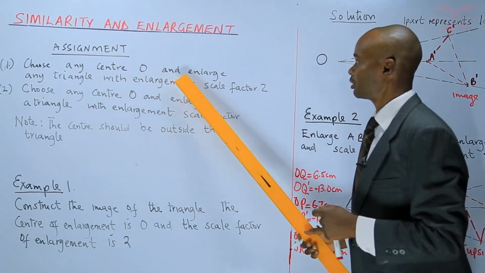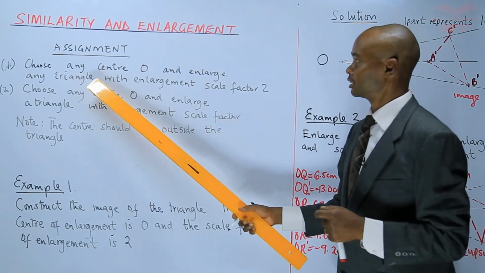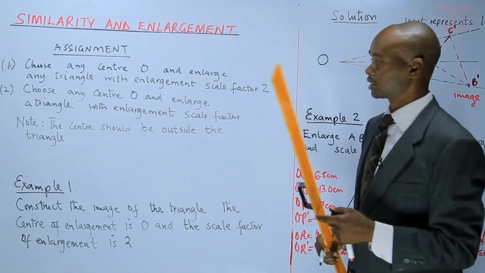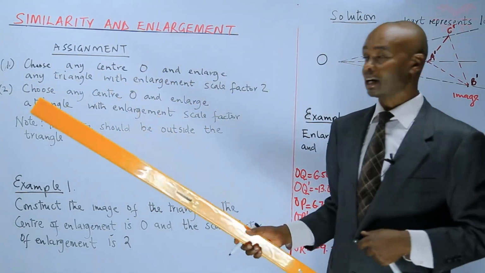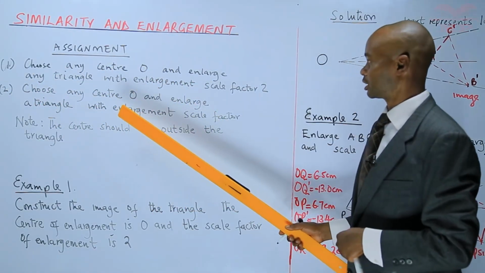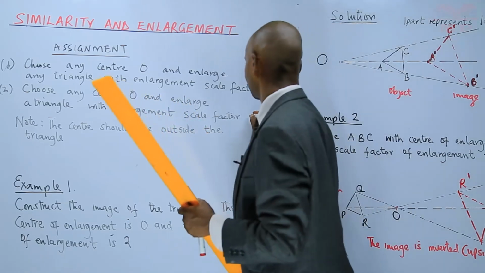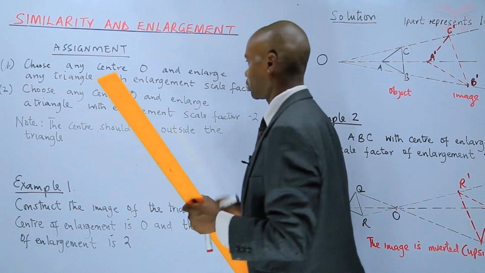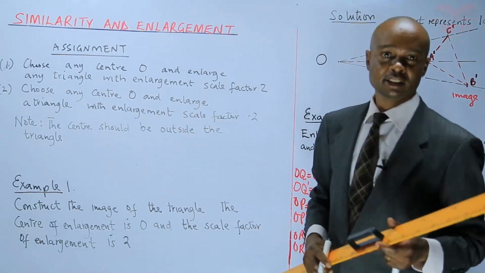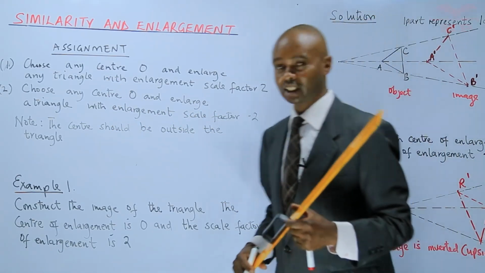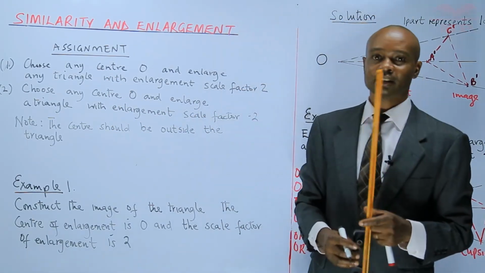Choose any center O and enlarge any triangle with enlargement scale factor 2. And number 2, choose any center O and enlarge a triangle with enlargement scale factor -2. And note that the center should be outside the triangle. Don't use a center inside the triangle.